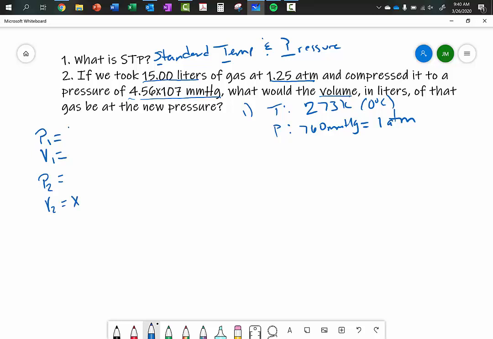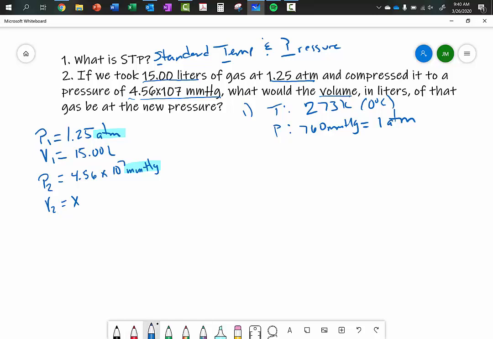All right, so my P1 is 1.25 atmospheres. Volume is 15.00 liters. And my second pressure is 4.56 times 10 to the 7th millimeters of mercury. Now, it's important to note that I have atmospheres here and millimeters of mercury here. So I have to convert either the atmospheres to millimeters of mercury or millimeters of mercury to atmospheres.